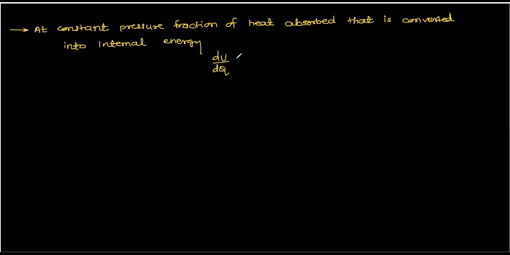While solving problems, you use whatever I have given now. You try to solve the problems. Cv by Cp is equal to 1 by gamma, this formula.